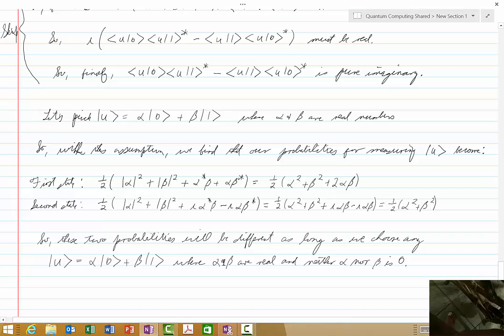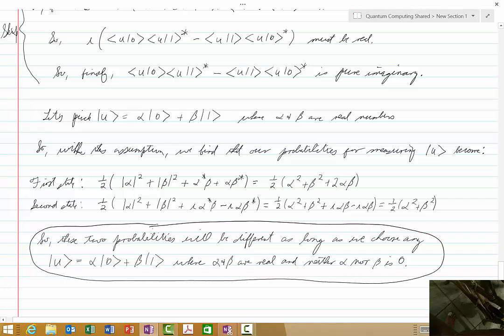We obtained those expressions as long as alpha and beta are real, and clearly those two expressions will be different from each other as long as 2 alpha beta is not 0, which is guaranteed as long as neither alpha nor beta is 0. So this is the answer to the second part of problem 2C, that we can pick any u that satisfies those conditions. Any u satisfying that will be sufficient.